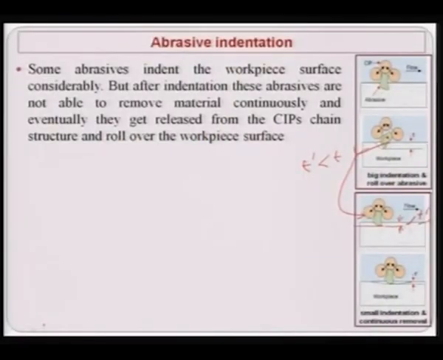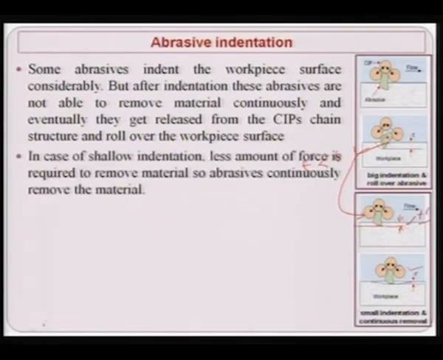Once the force applied by the fluid on the abrasive particle becomes greater than the resistance of the workpiece material to removal of thickness T dash, only then will it start finishing. As you can see here in the last figure, this is able to remove the smaller depth of the workpiece material. In case of shallow indentation, less force is required to remove material, so abrasives continuously remove the material, as you can see in the last figure on the right hand side.